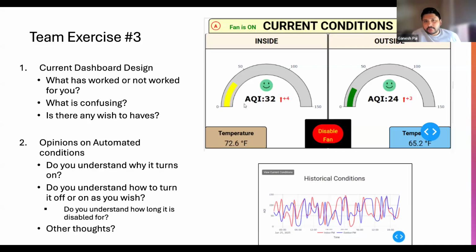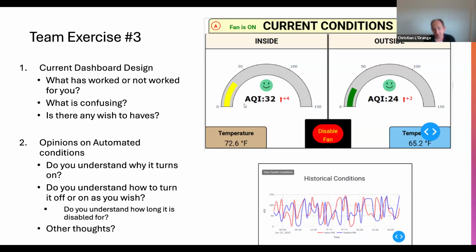So, could I just chime in and try to understand what you just said, Christian? The fan is not dependent on the AQI number; it's actually dependent on something else, and hence the confusion of why the fan is turning on. Okay, go ahead. Yeah, the fan particular issue is not necessarily the problem.